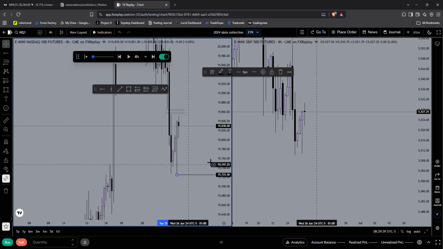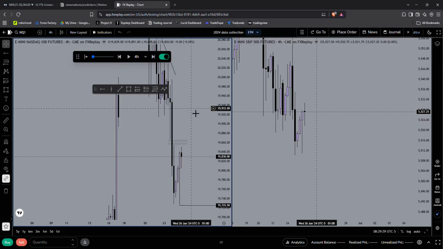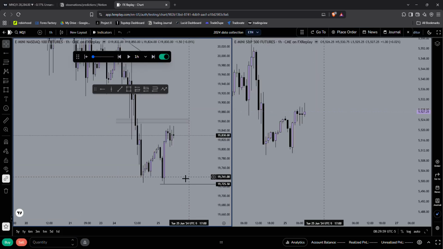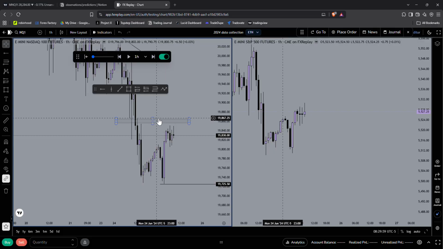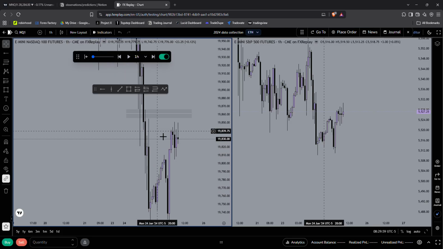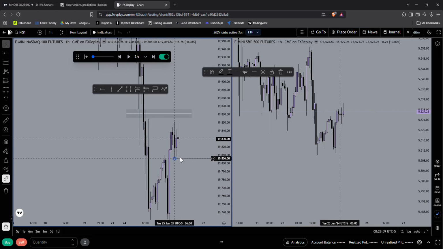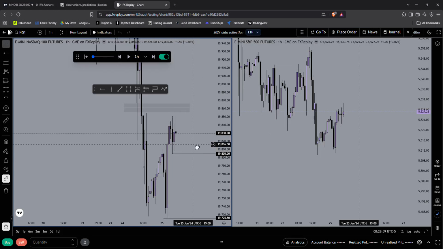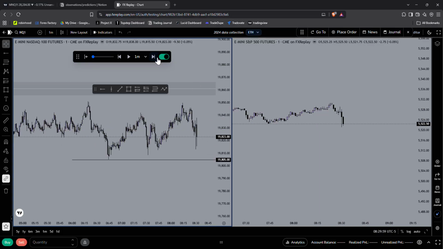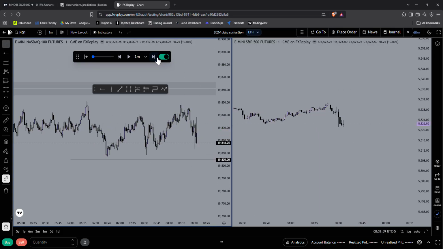If we respect it, I think we will want to go lower to this low. If we disrespect it, we want to go to those highs, to all these highs up here. We already have this SMT right here. I think we're gonna go higher. Let's see.